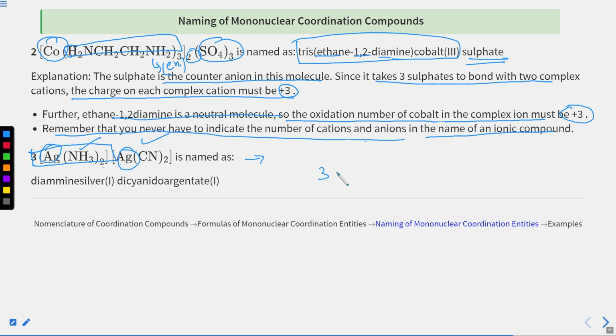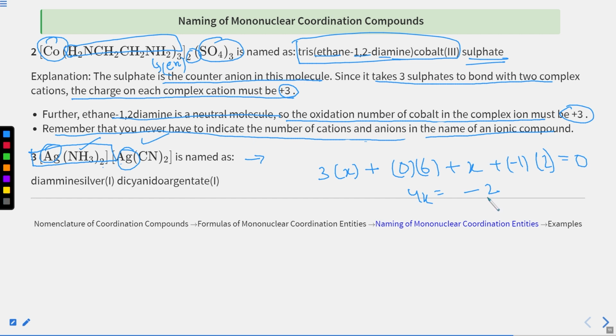So let us assume that x is the oxidation state of silver. Ammonia has a charge of 0. 6 ammonias are there. Now again here one silver is present and 2 CNs are present, so 1 into x plus 2 into -1, and the overall charge on this coordination compound is 0. Clear? 3x plus x, that is 4x, is equal to 2, right?